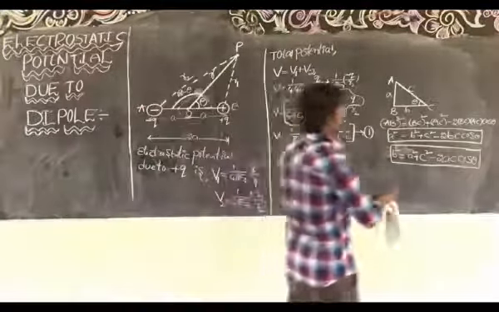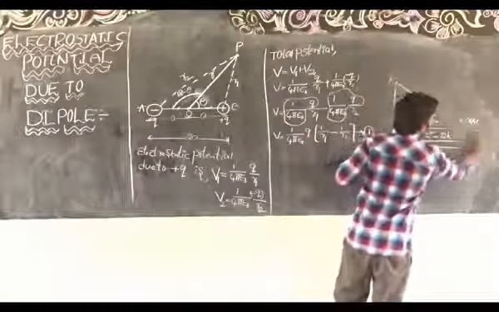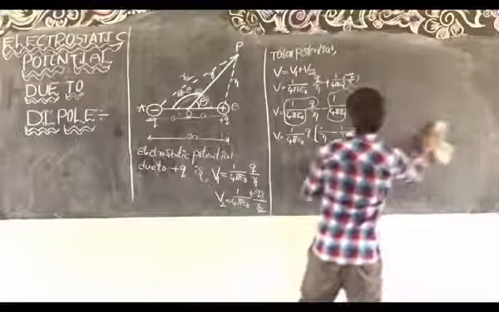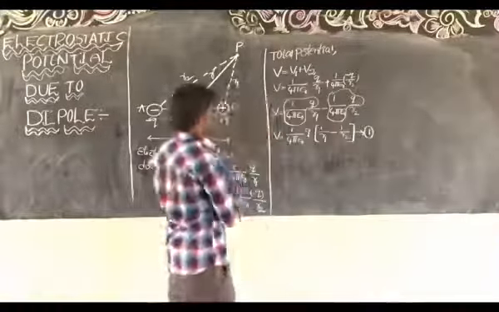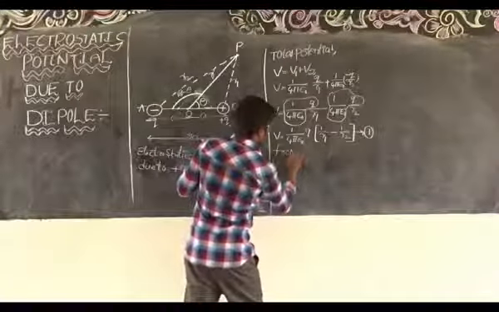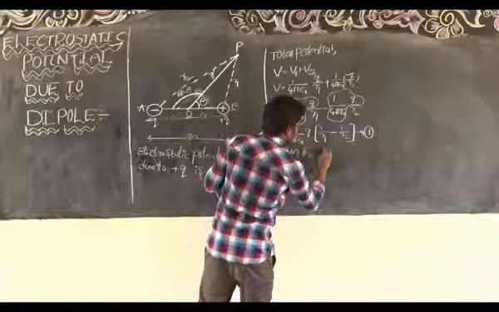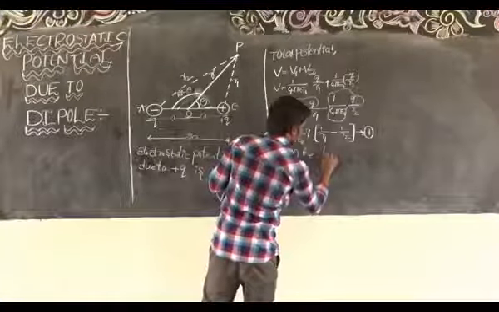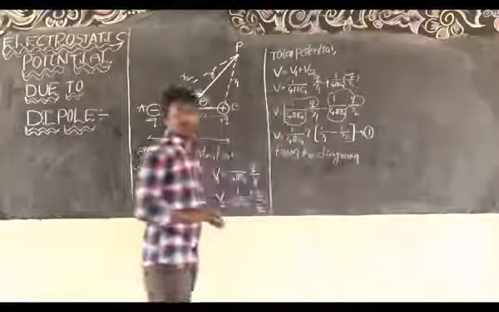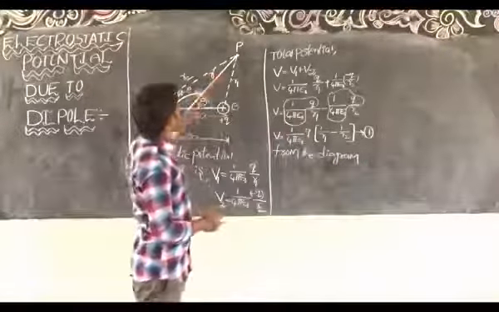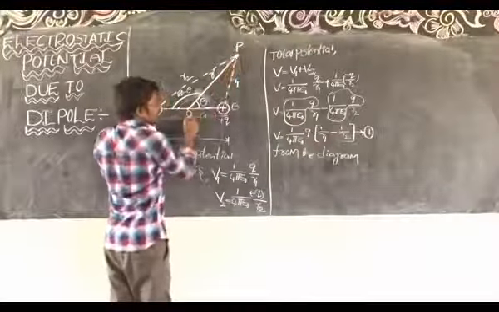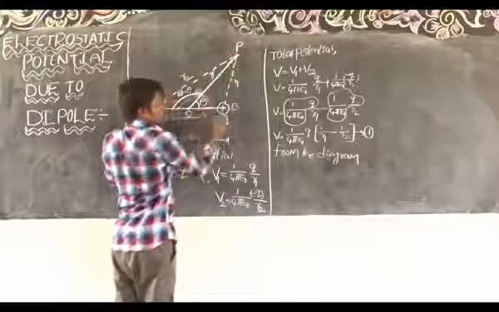So here, from the diagram, what is the diagram? This one, no? I am taking this triangle. This triangle means POB.